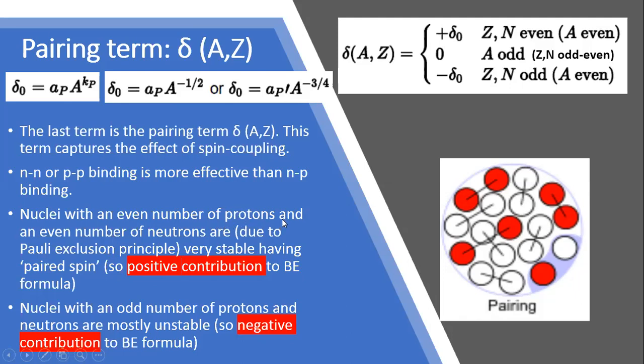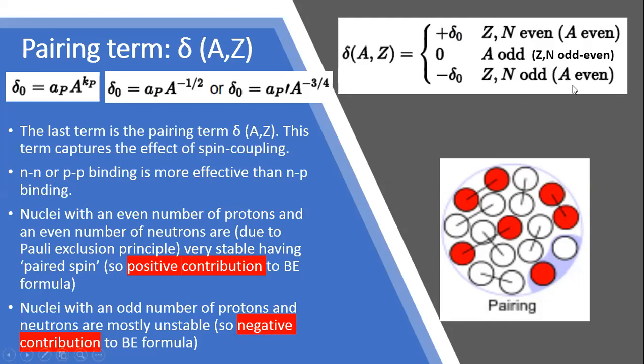Because even numbers of protons and even numbers of neutrons are very stable and have paired spins. Since both neutrons and protons are even, all spins will be paired. So that means it is the most stable and contributes positively to the binding energy.